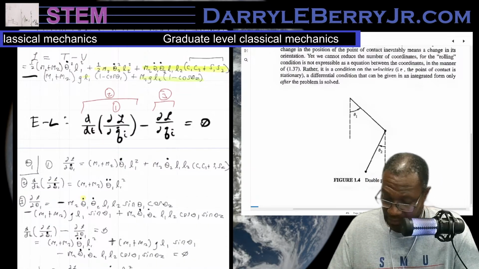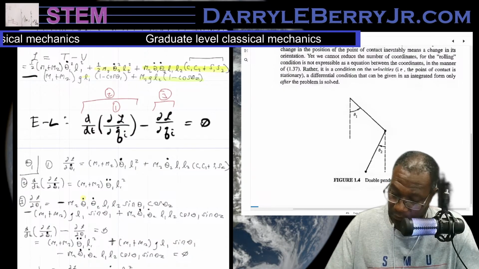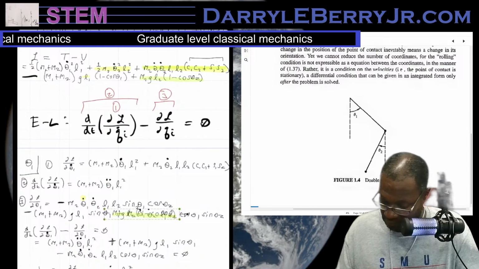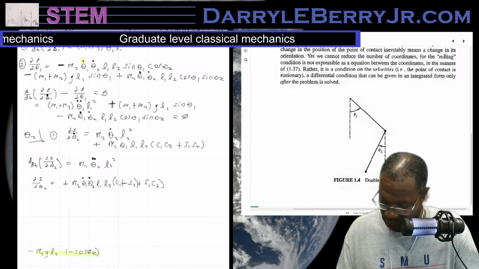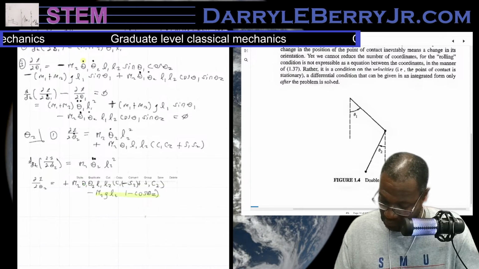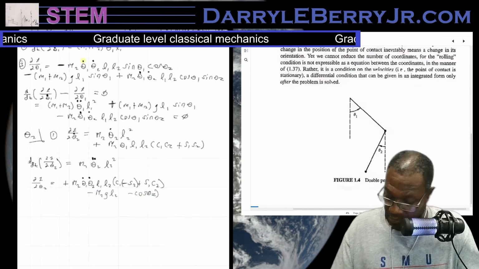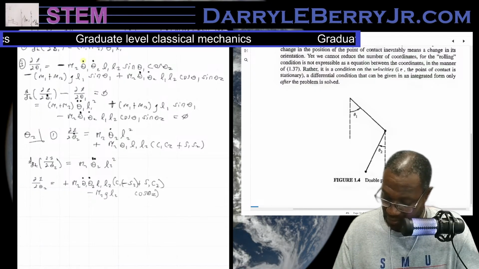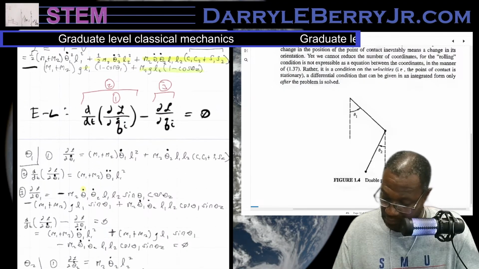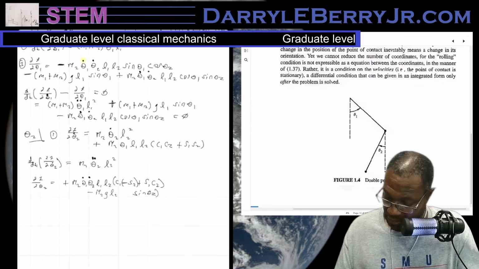So I can have this. Oh, I already copied it down. Hold up. So this one is going to go away. It's going to be a positive cosine. When I take the derivatives, it'll be negative again. And this will be sine theta 2. And that should be that.